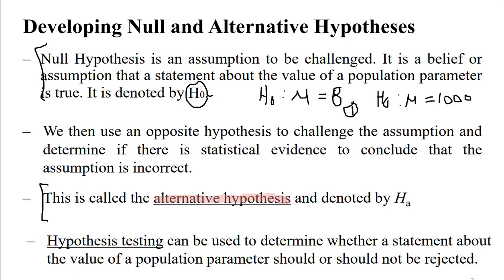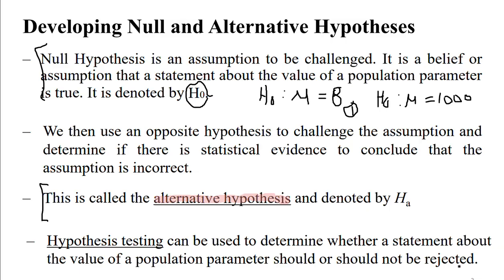It is a statement that goes against the null hypothesis. It is always the opposite of the null hypothesis. It is a statement we hope to find evidence in support of.